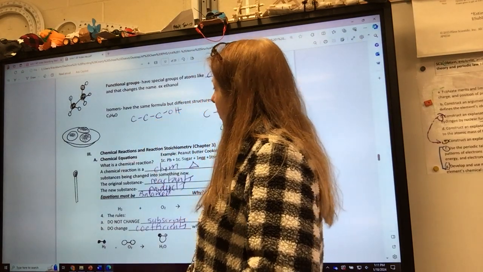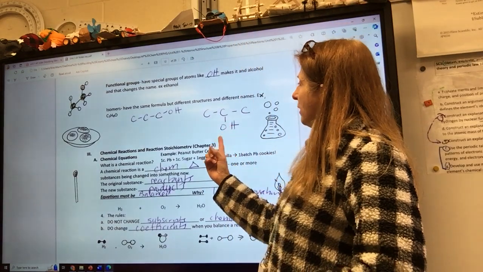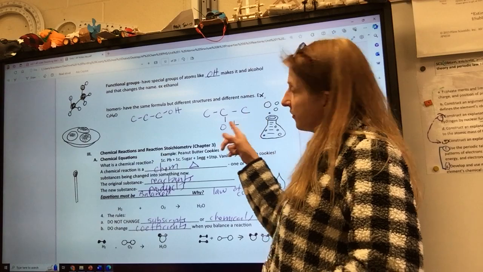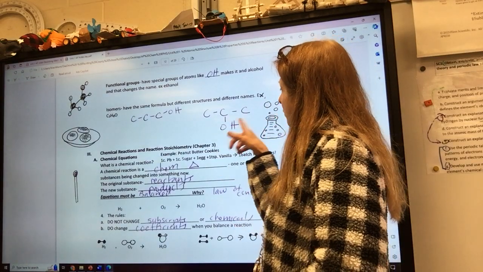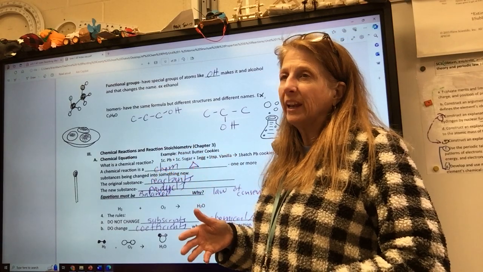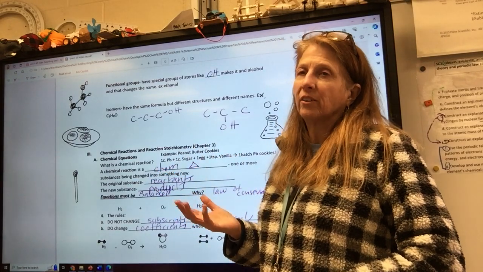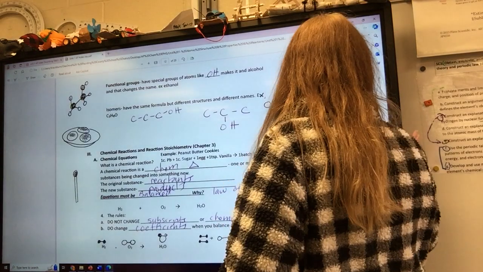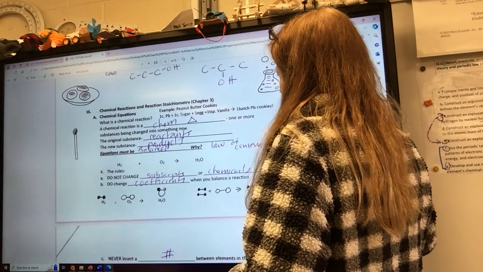This would be 1 propanol. In this one, the alcohol is stuck in the middle of it. So it's on the 2nd carbon, so it's 2 propanol. And sometimes these have common names like isopropanol. You've heard of that, rubbing alcohol you can buy at the store. So those are called isomers.